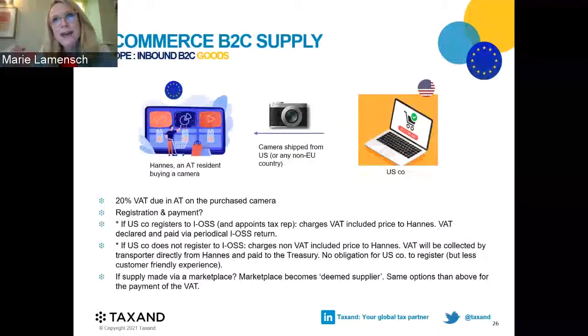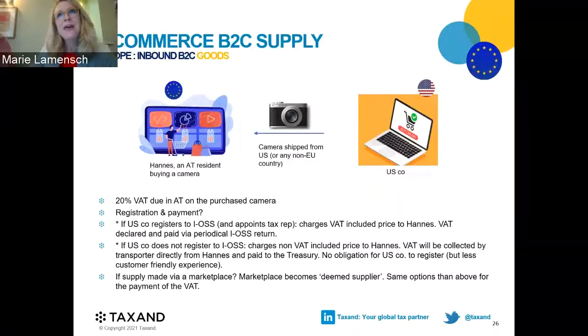So when the supply is made to Hannes online, the USCO should charge a VAT included price because it should collect the VAT and pay it through this IOSS. Now, if USCO decides not to register, then it will charge a price not including VAT to Hannes because the postal operator will collect the VAT directly from Hannes.